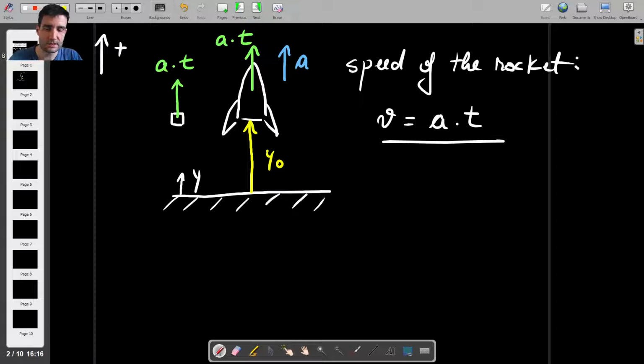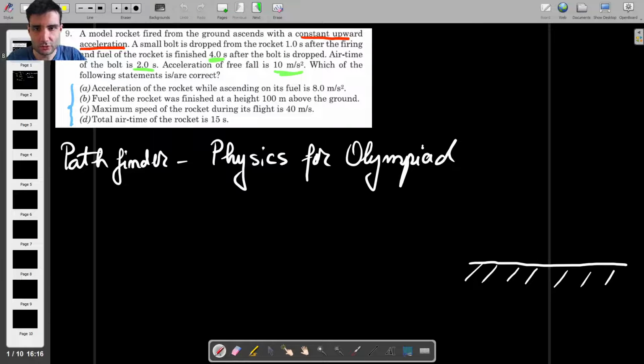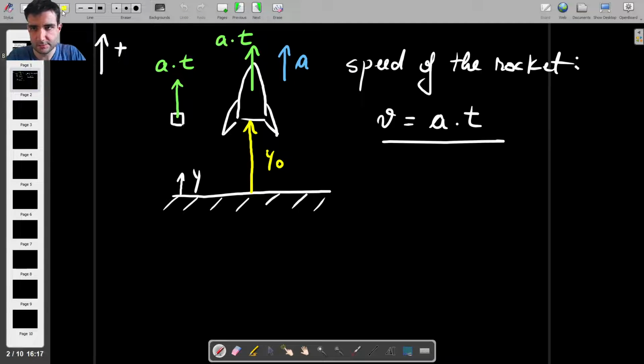So it's a times t. And this t we know to be this 1 second, because we know that a small bolt is dropped from the rocket 1 second after takeoff. So t is equal to 1 second.